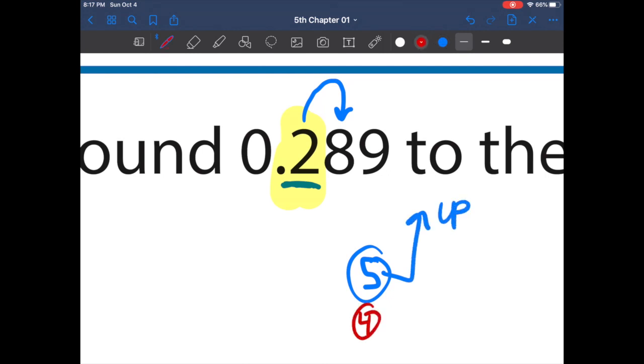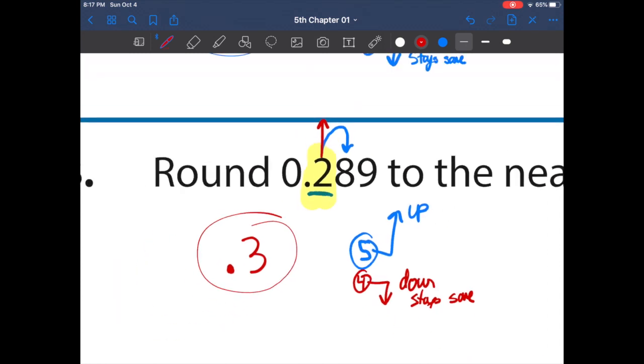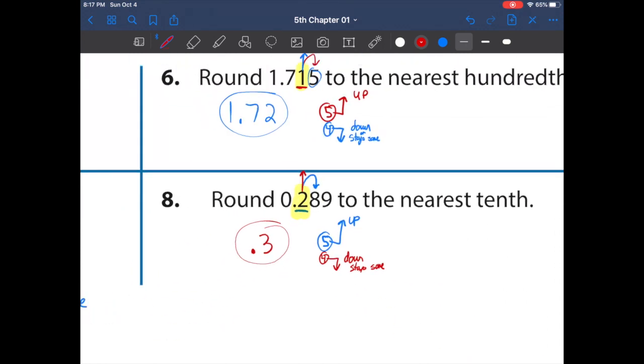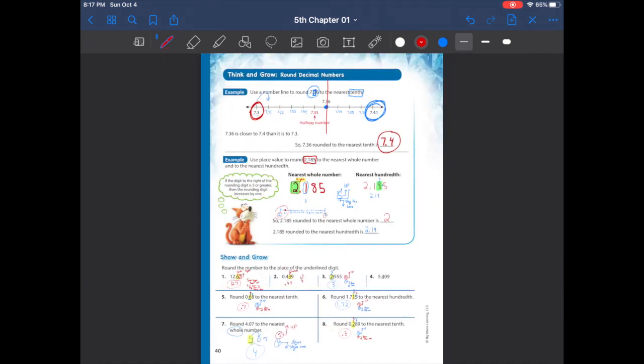And if it's 4 or lower, we round down, or it stays the same. So is 8 bigger than 5? Yes, it is. That means we want to round this up to the next number. What's the next number after 2? That would be 3. So what's our answer for this one? 0.3. All right, let's do a few more practice problems.